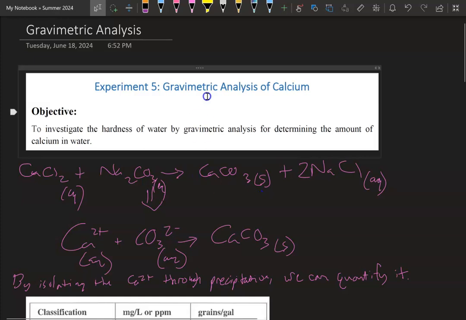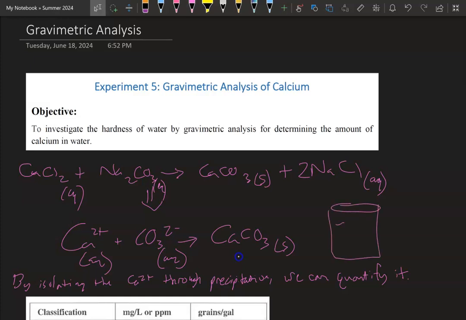Now, the term gravimetric analysis is where we use gravity to help filter this precipitate out. So you can imagine in the beaker that you're looking at, you have a layer of solid on the bottom. And so you're going to set up another beaker, and in that beaker you're going to have a funnel.